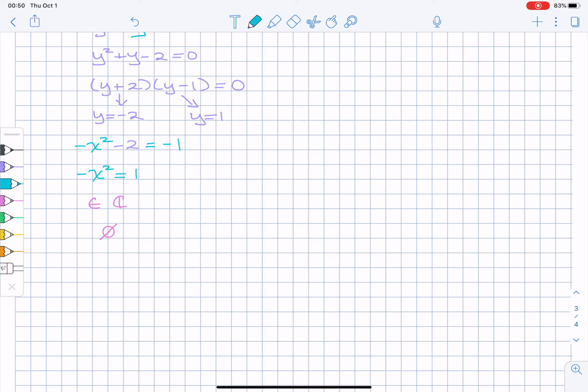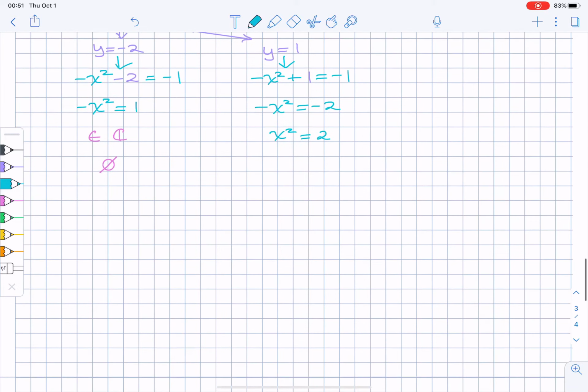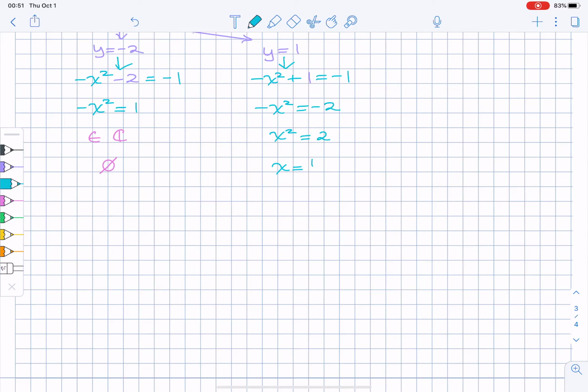Okay, so let's go to the next. Let me move this a bit over. So y is equal to 1. So we'll get negative x squared plus 1 is equal to negative 1, or negative x squared is negative 2, which means that x squared is 2, which means that x is plus or minus root 2.